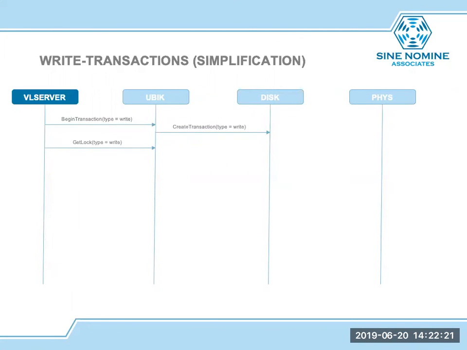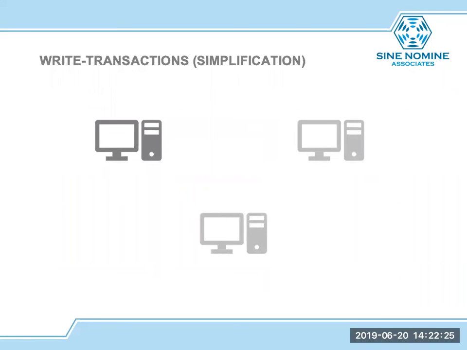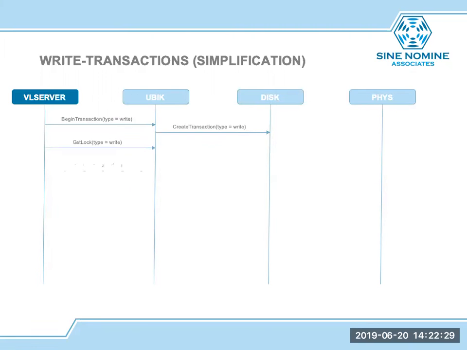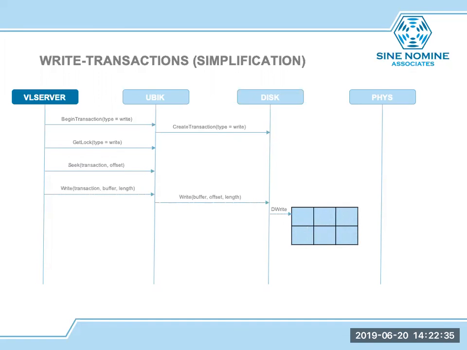We have to get a lock. And again, we have to get a lock locally first, and then we have to get a lock on the remote sites. Now we can finally write some data into the database. To do that, we update the buffer, the cache first. So let's say that we want to update these 3 pages here. So we update these pages first.